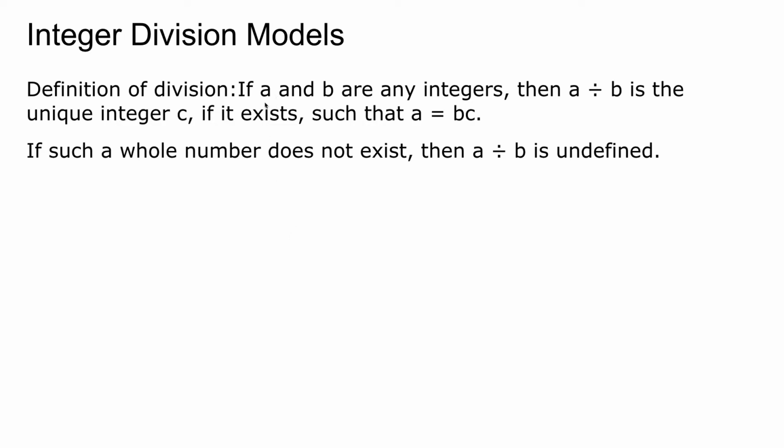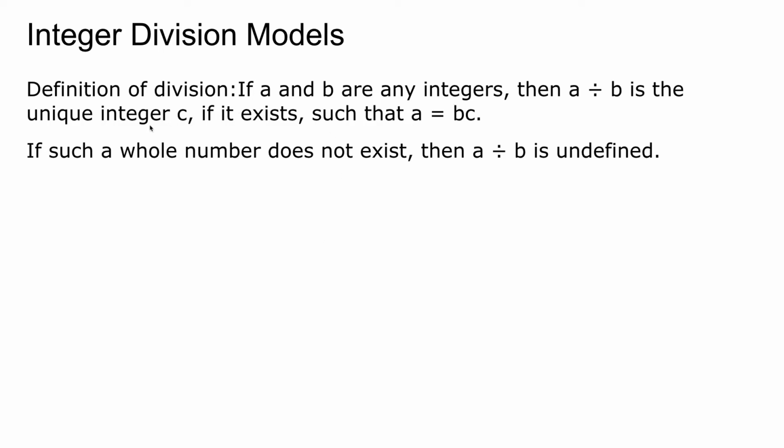Okay, so we have a and b that are integers, then a divided by b is the unique integer c. So c is the quotient, a is the dividend, b is the divisor, right? And there should be no remainder because we're talking only about integers, not rational or real numbers.